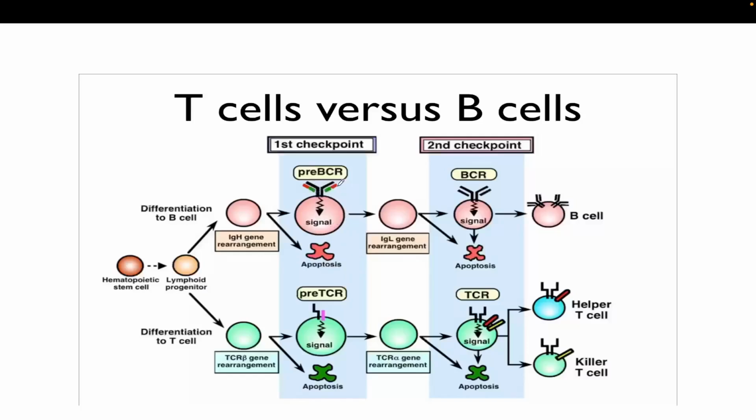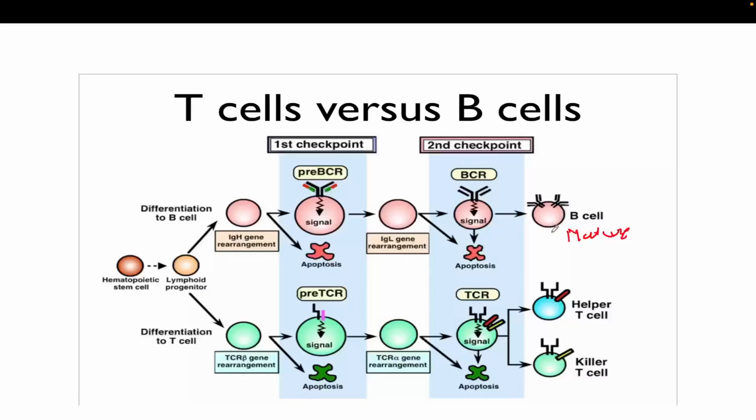Once this is converted into the immature BCR, at that time immunoglobulin light chain rearrangement will take place. Once this is synthesized completely, it will be converted into a mature cell, where IgD will also be produced. So that is the mature B cell.